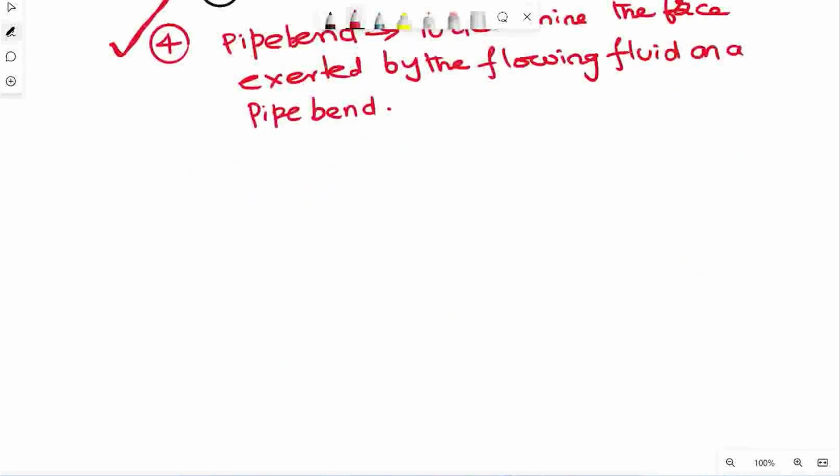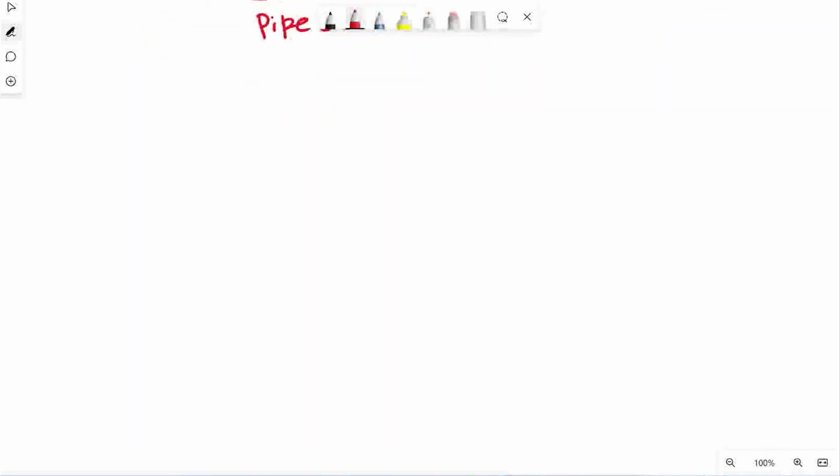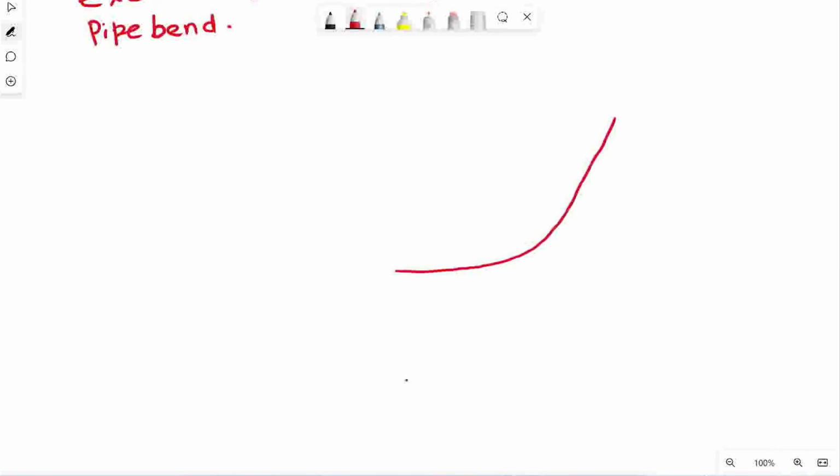So now if I take pipe bend, how does the pipe bend look like? For example, suppose this is the pipe bend. Here the pipe is bending. So pipe we have bent it.